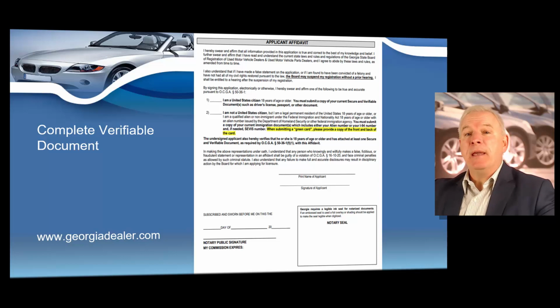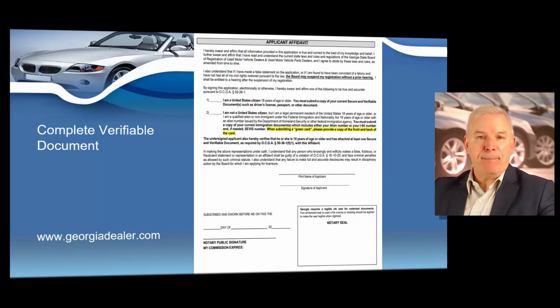Well, this can be an unexpired driver's license or an unexpired state ID card, an unexpired U.S. passport. Notice how I keep saying unexpired. They want to make sure you don't submit anything that has an expiration date that's already passed.